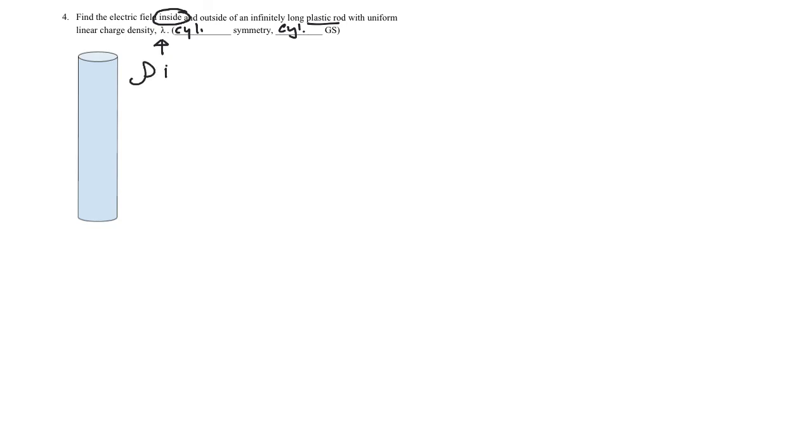Rho is the volumetric charge density. And a lot of times it's easier to think about rho versus lambda. But they do have a relationship. So I'm just going to throw that down here.